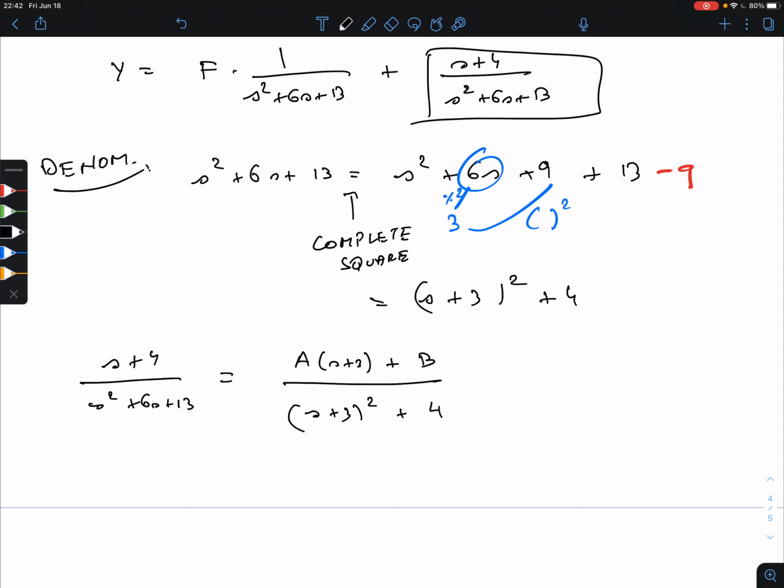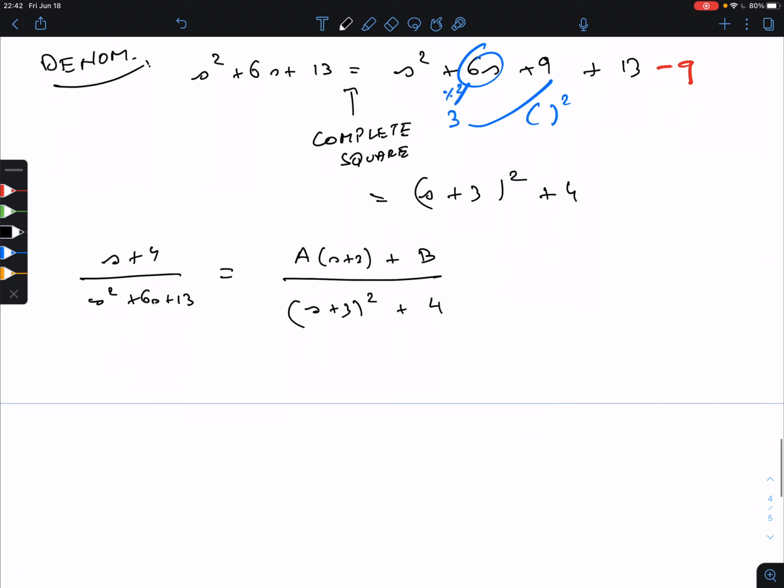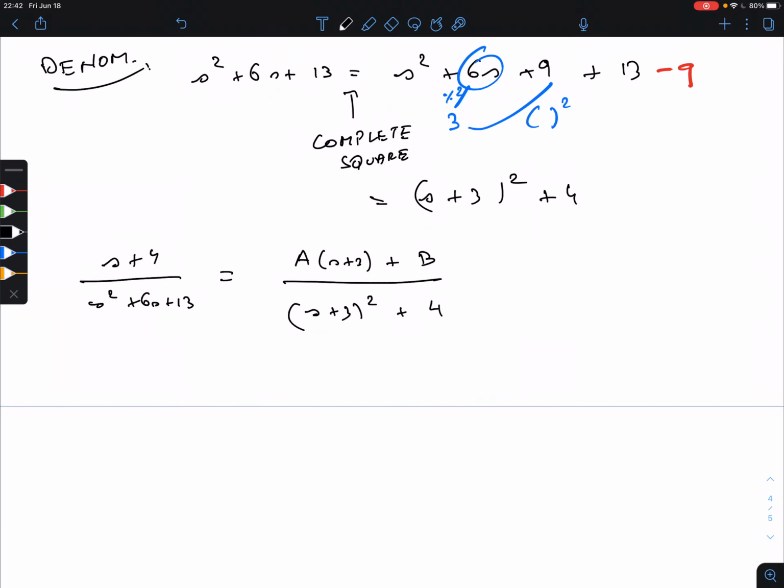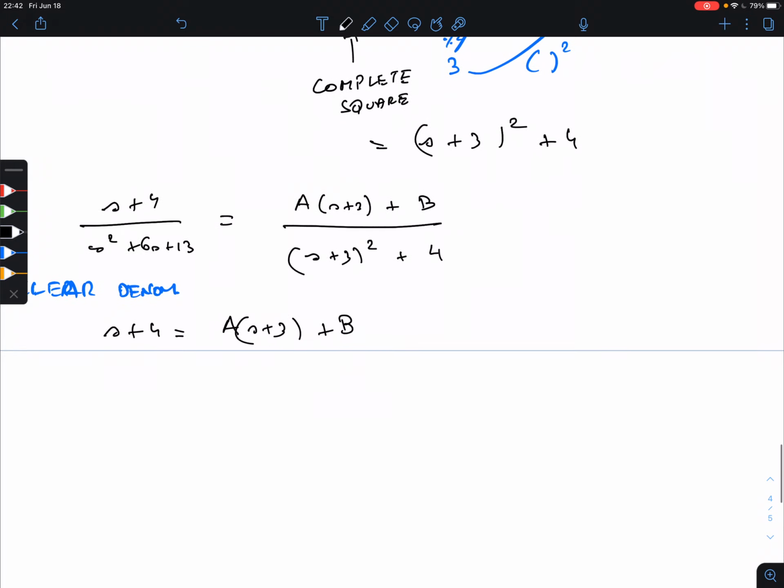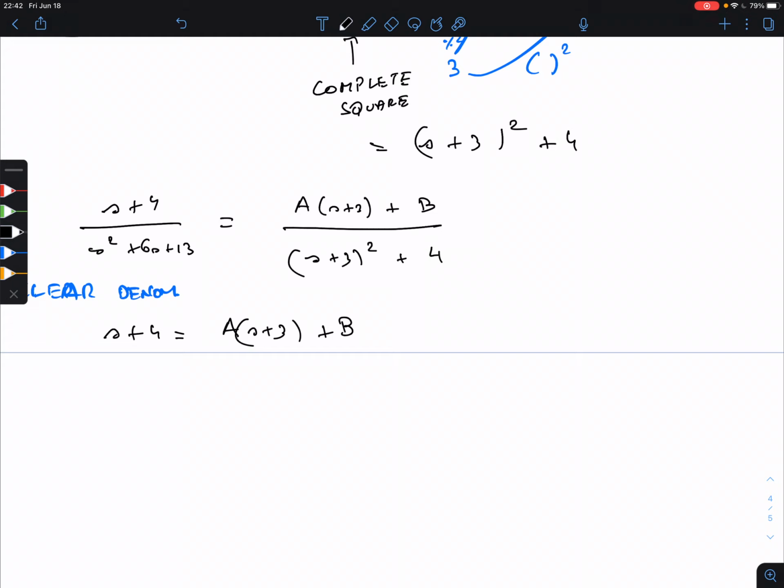Now you might even see what the A and B are, but let's just go through the calculation. How do you do this? Well, clear the denominators. So that will give me s plus 4 equals A(s plus 3) plus B. Okay, that's the equation.